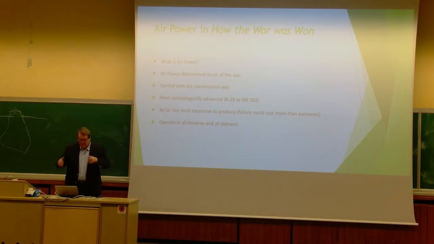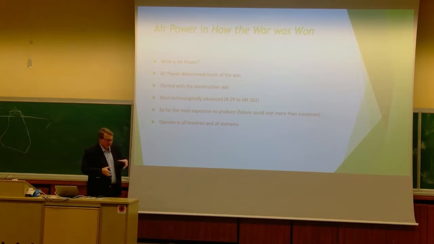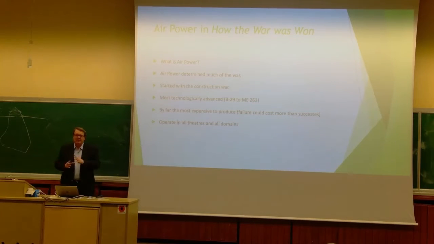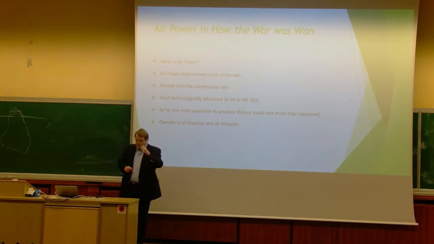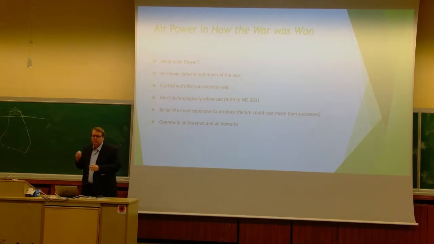Now, if you know the book, in a nutshell, and what I said yesterday, air power determined much of the war, particularly the war in Europe. And this started from the very early part in the construction. Building aircraft, I showed that graph yesterday, takes up far more of everybody's economy than any other part of the world. For the Germans, it's usually well over 50%, when you add the airframes to the ammunition and everything to arm the aircraft.